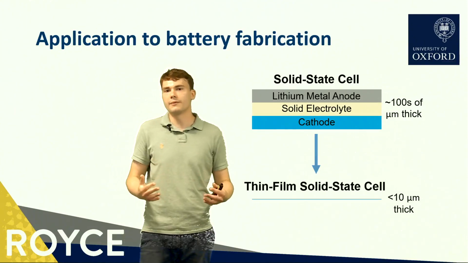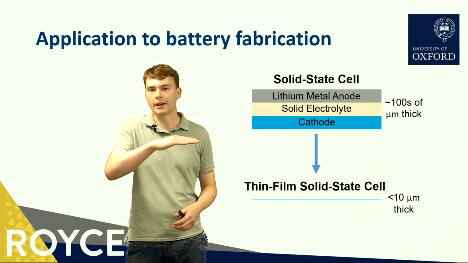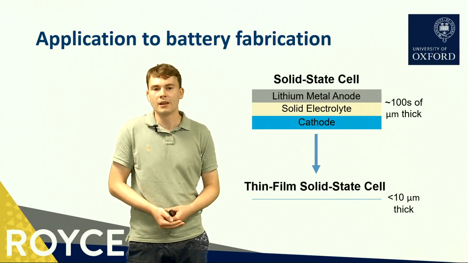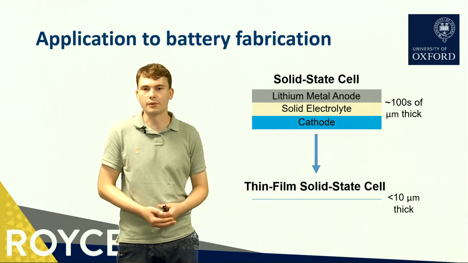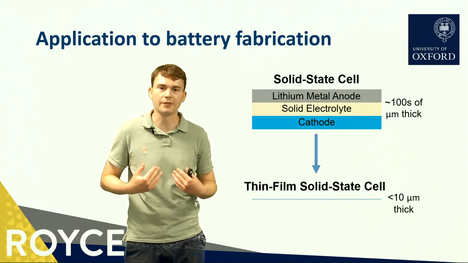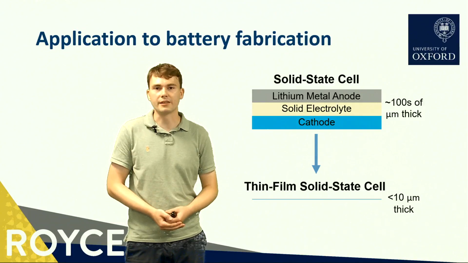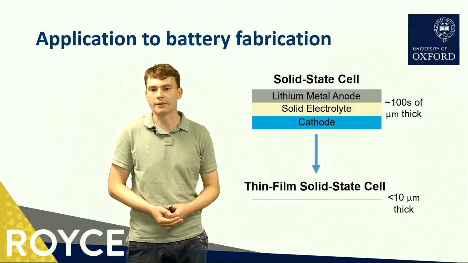But if you use physical vapor deposition, you can make a cell in a layer-by-layer fashion that's less than 10 microns thick. So there are some obvious benefits of that if you need a very small battery for applications such as wearable electronic devices or implantable devices, or perhaps very small-scale sensors and actuators. Then this technique can make those cells.